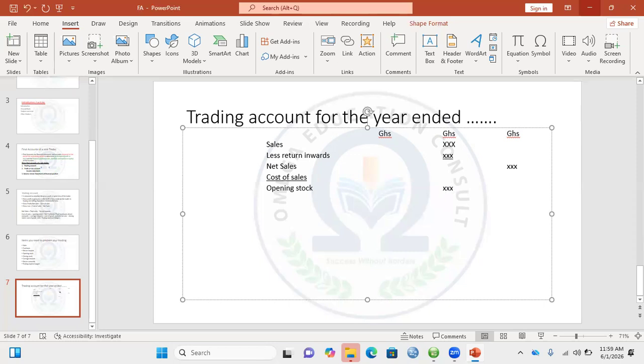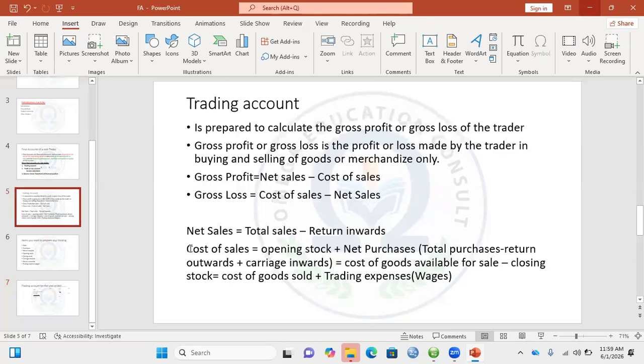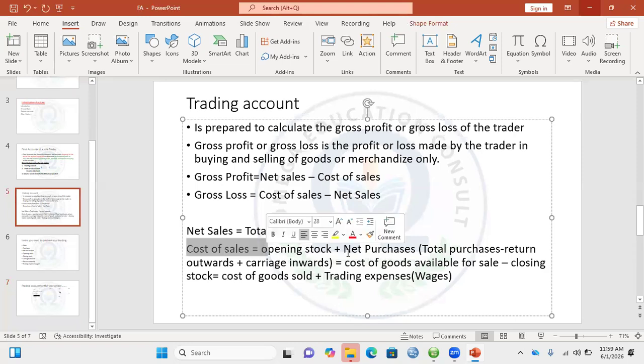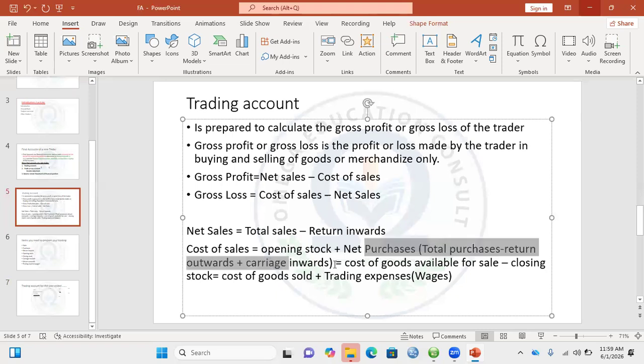Then remember, let me take you to when we were determining the cost of sales. When we were determining cost of sales, we said you begin with the opening stock, and then you add net purchases, right? But this is net purchases. Your net purchases is your total purchases minus return outwards plus carriage inwards. Okay, so let's go and demonstrate that here.